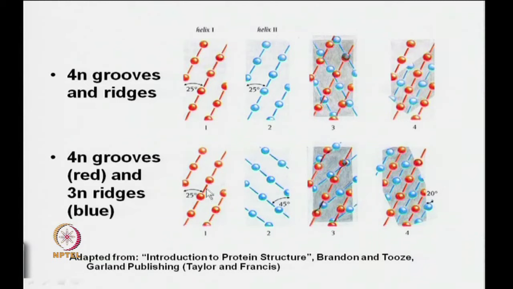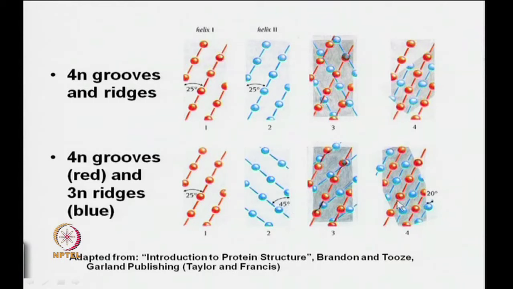However, if you go to the other one, which is the bottom one, here the 4n grooves are the red and the 3n ridges, remember I talked about the ridges. So this is the groove and this is the ridges. You can see the difference between this and this is, these two helices were oriented in the same direction, but these two were oriented in the opposite direction. Not only that, this is 25 and this angle is 45.